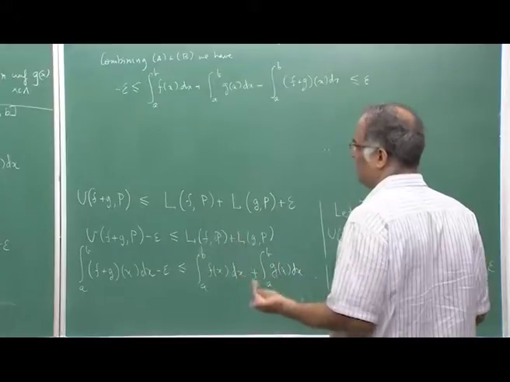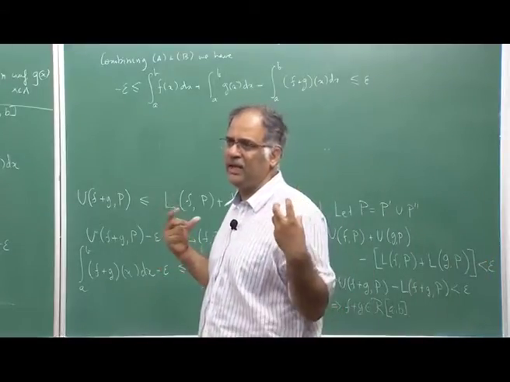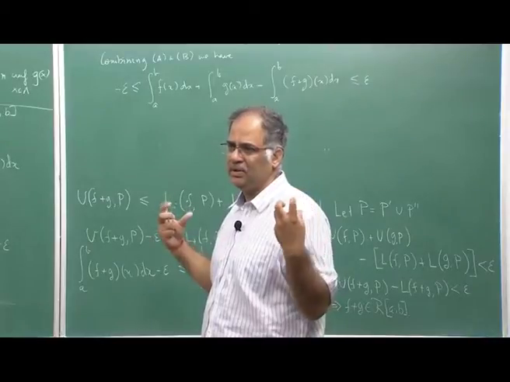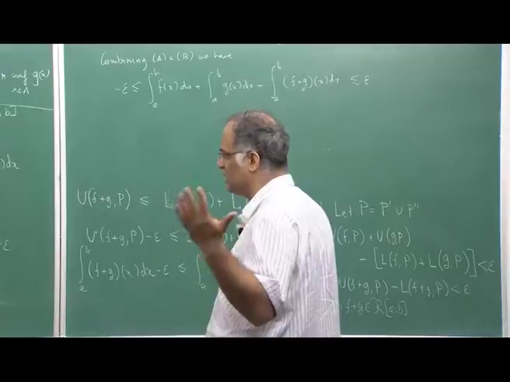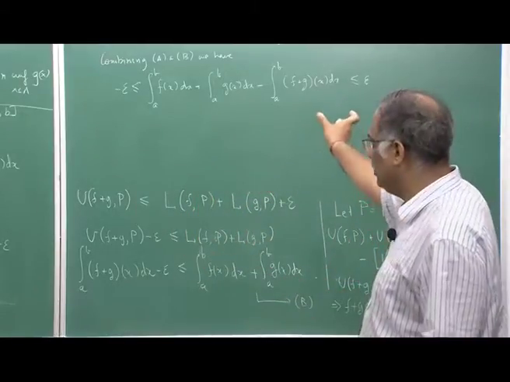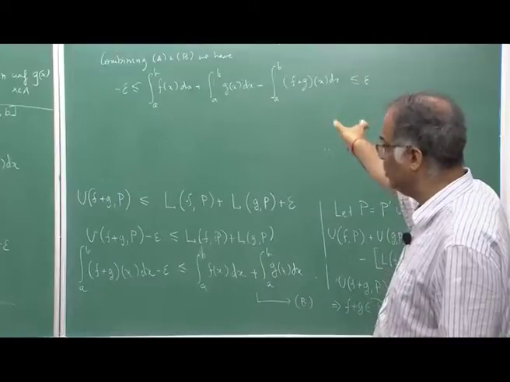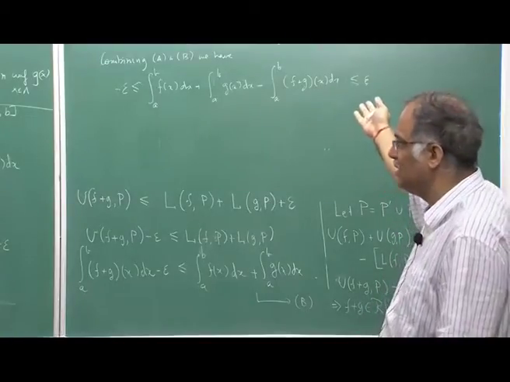So, this is true for any epsilon, so I can make epsilon 0 from both sides. So, by the sandwich theorem which you know about limits, if the limits are 0 from both sides, then the limit of the quantity inside must be 0, but this quantity is free of epsilon. So, the limit is the same as this quantity.